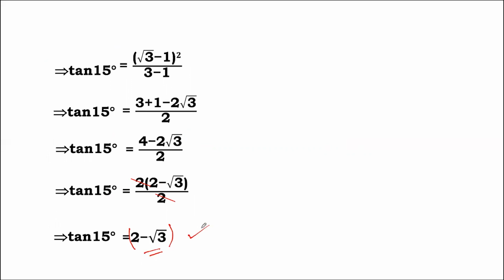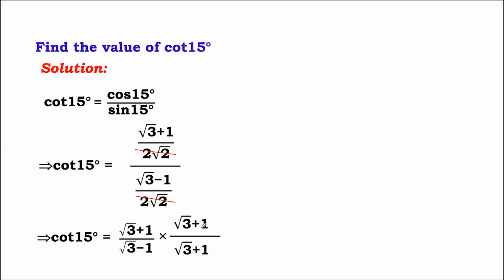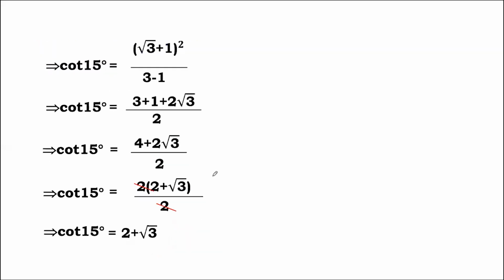So both formulas are useful, root 3 minus 1 upon root 3 plus 1, or 2 minus root 3. This is the basic application of tan, sine, cos, a plus b and a minus b, right? And the reciprocal of this gives the values of cot.